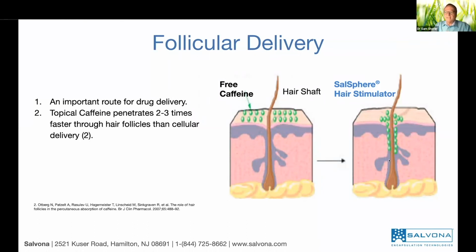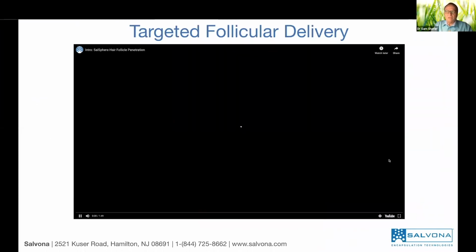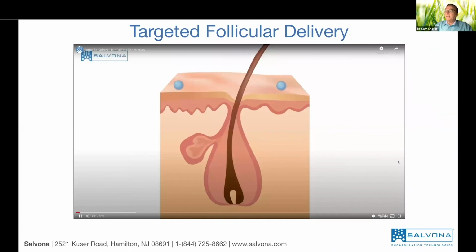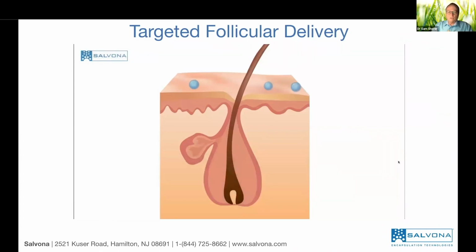Many studies, and I'm quoting here only one from 2007, identified the importance of the follicle. It studied topical caffeine delivery and shows that it penetrates 2 to 3 times faster through the follicle than through the regular cellular way. And this is a demonstration of what we are talking about: the ability of the spheres to penetrate into the hair follicle.